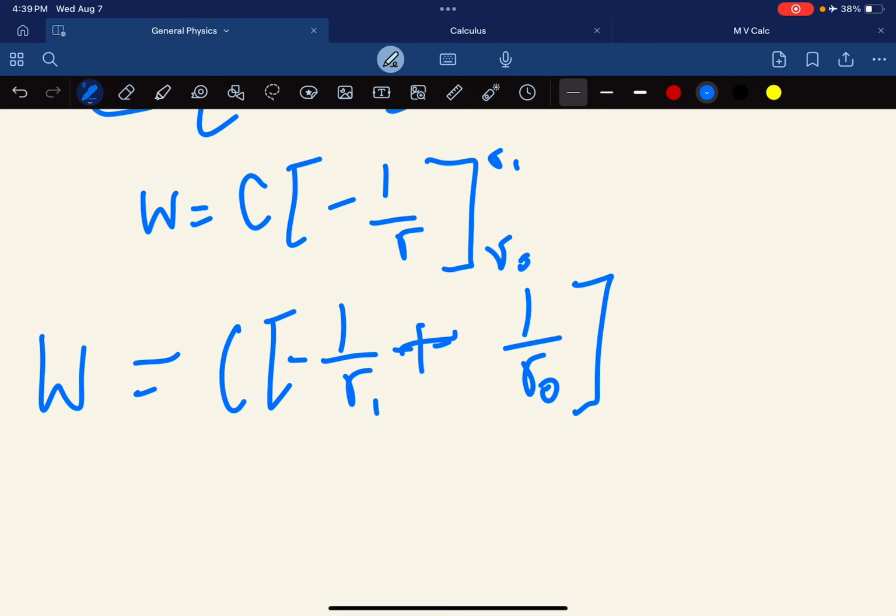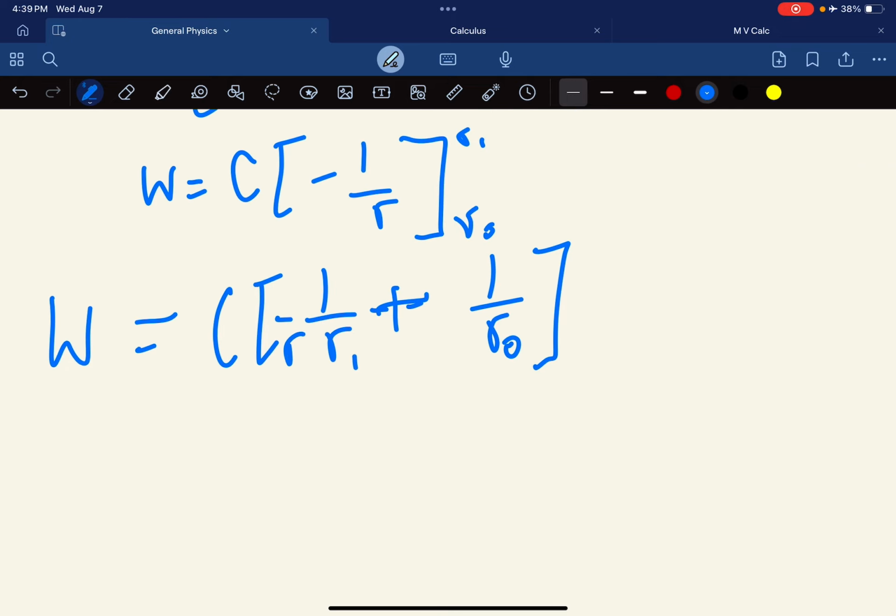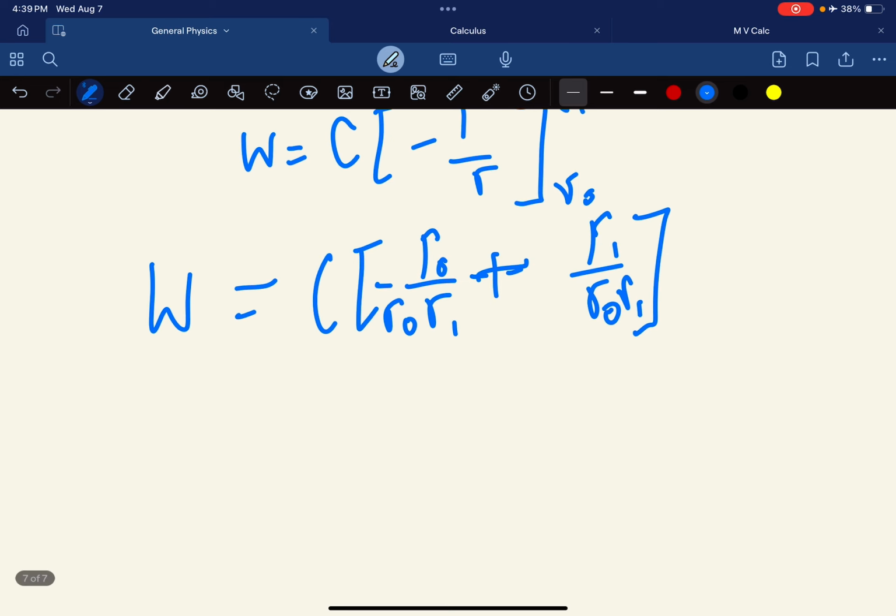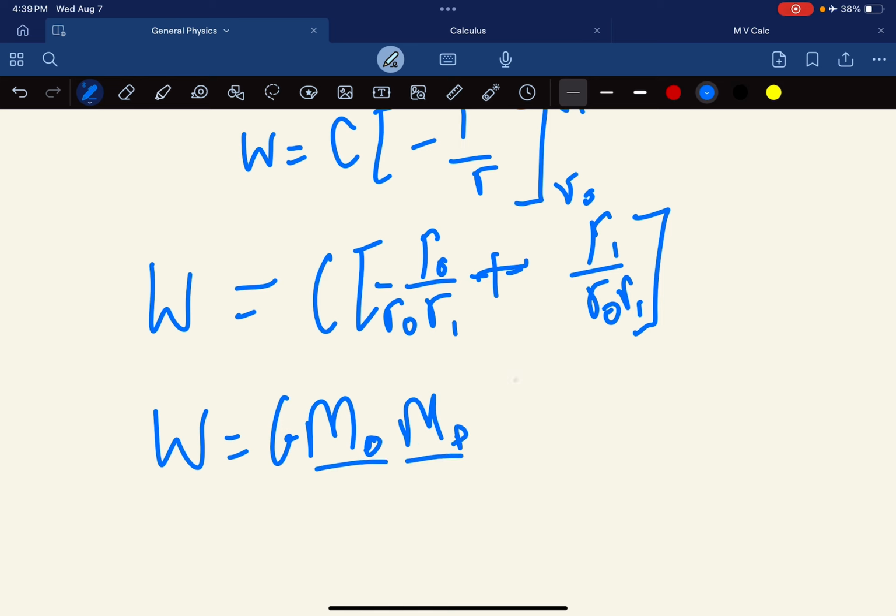Now, if we want to simplify this, we can multiply this side by R0, and then multiply the top by R0. And we can multiply this part by R1, and then we can multiply the bottom by R1. And then we can simplify the denominators and get work is equal to, we'll replace the constant now with G M_O M_P, where this is mass of the planet, this is mass of the object, times R1 minus R0 over the product of the distances.